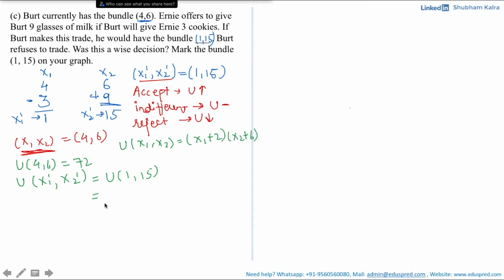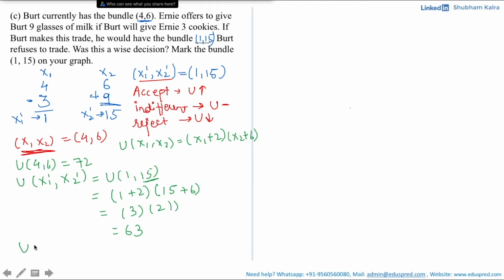To calculate the utility at 1, 15, we substitute x1 with 1 and x2 with 15. That would be 1 plus 2 multiplied by 15 plus 6, which is 3 times 21, equal to 63.